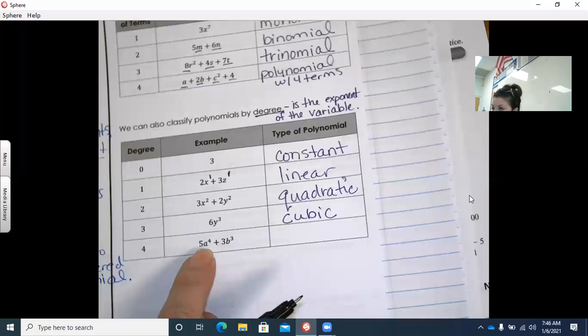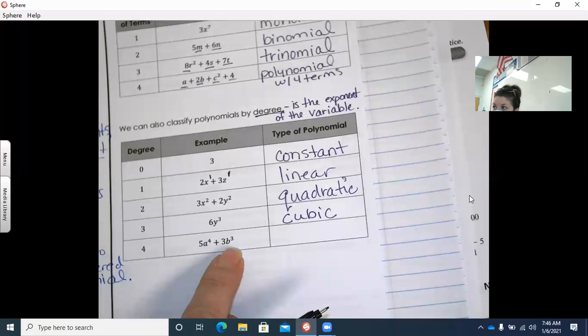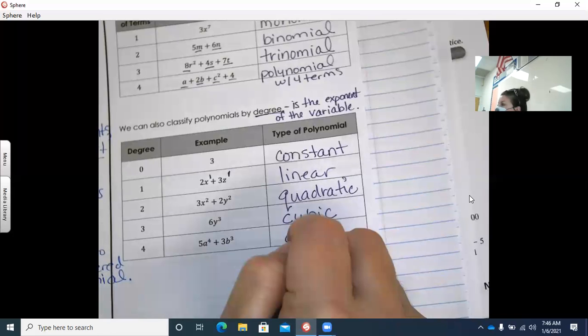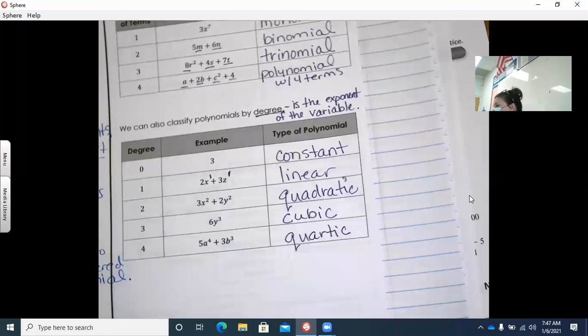How many degrees does 3b cubed have? 3. We name a polynomial based on the highest degree. So we're going to name it based on how many degrees? 4. And we call that quartic. And there's more, like 5 degrees is quintic. 6 degrees, I don't remember what 6 degrees is, but we only have to know up to 4 degrees.